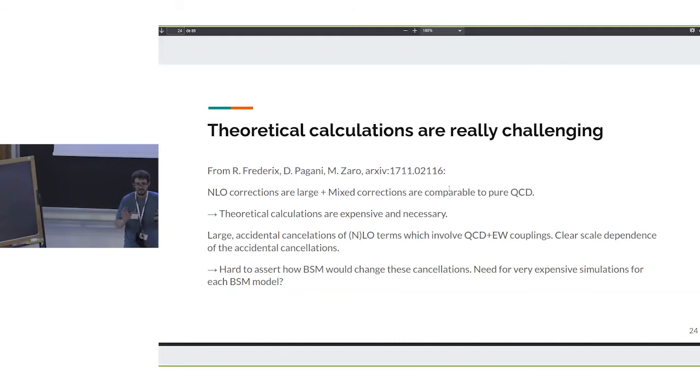So suppose we measure 4 tops to an astounding precision, then, as always, what is a signal becomes a background, and if we want to measure a beyond the standard model process, it's a new signal, but we cannot reuse all the previous calculations. We may need to do it all over again, and this is a huge problem.